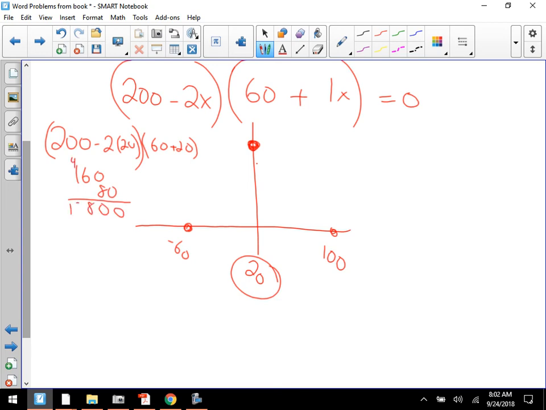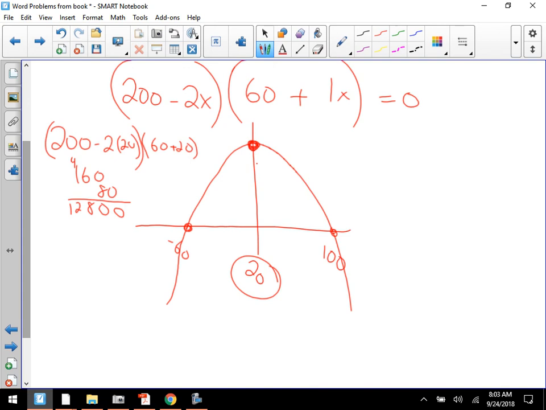So that value of x tells you the number of times you can increase your price. It also tells you the number of times fewer shoes would be sold. But then if you put it all together, it tells you what your revenue is. Because this is a function of revenue. If I increase my price to $80, I maximize my profit at $12,800.